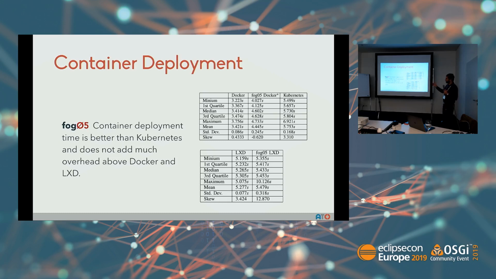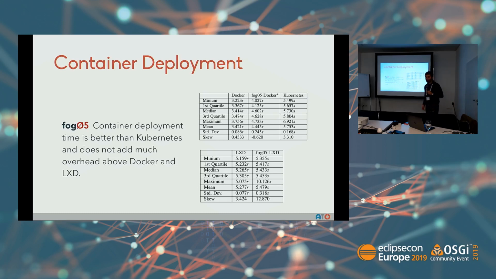We measured the deployment time, I think it was 100 times, 250 times the deployment, and then we took the median, just to verify if the overhead added by fog05 was affordable or not. Well, I think in this case it is affordable. You can also tell me that probably the Docker plugin is not well written because it has more overhead than the LXD one, but it was just to verify that everything was okay.